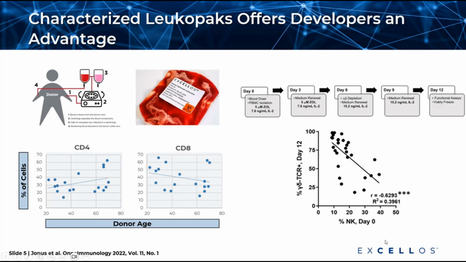In hindsight, what we would use with this type of information during development would be to impose a critical material attribute at approximately 25%. Any leukopak with greater than 25% natural killer cells, we either have to partially deplete them or we would not recommend moving forward with manufacturing, because we're not going to get that ideal drug product at the right yield or purity that we require.